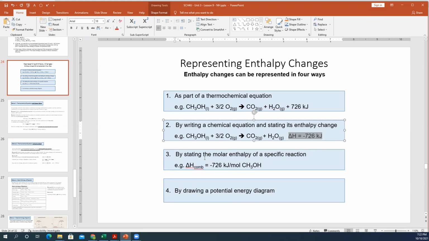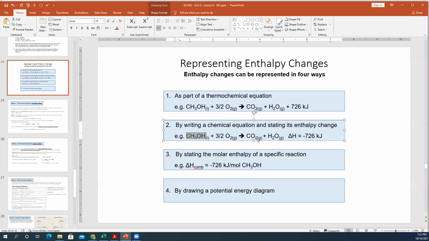The third way, you can say it as the molar enthalpy of a specific reaction. For example, here, this can be viewed as the molar enthalpy of combustion for 1 mole of methanol. So here, the coefficient in front of this methanol is 1.